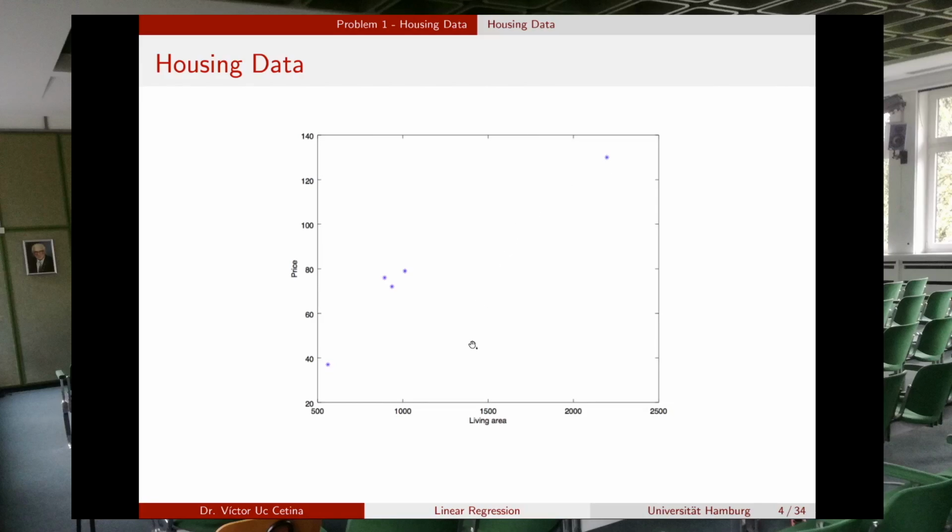And the idea in linear regression would be to find a curve, a function that passes very close to these points. If we can estimate that line or that curve, then we can use it to predict the price of another house. For example, if we had a house of 1,500 feet square, we can simply evaluate that number in our function and then try to predict the price of that house.